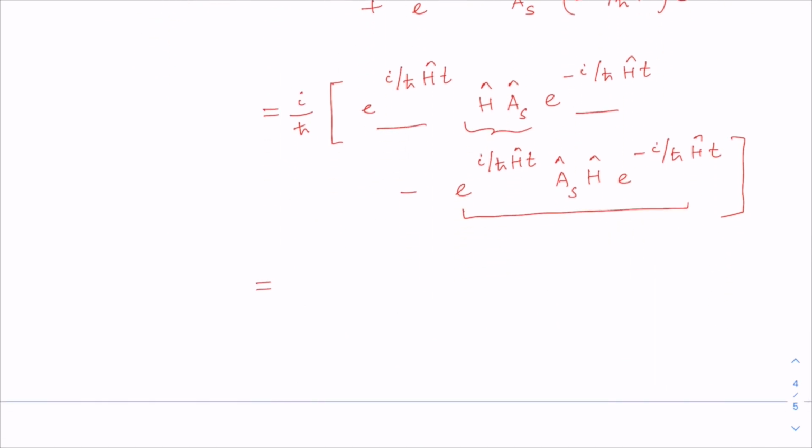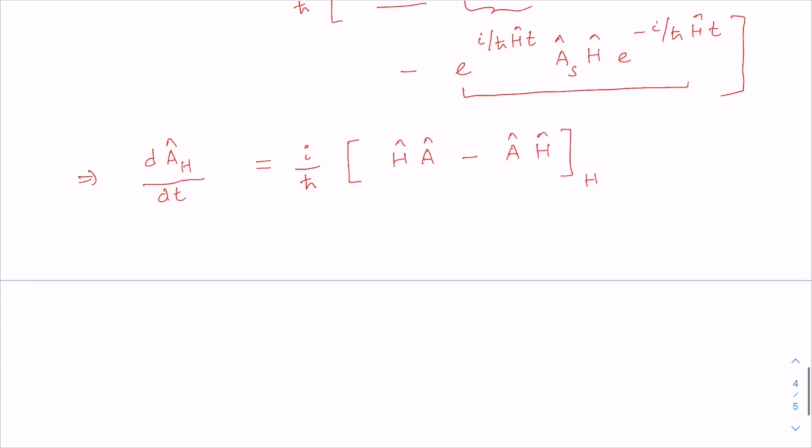Therefore I can write it as i by h cross, here H A minus A H, and let me put the suffix h here just to emphasize that I am writing these things in the Heisenberg representation, and I have this equation dA_H/dt equal to this one.